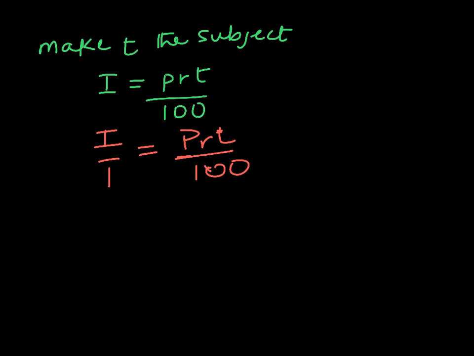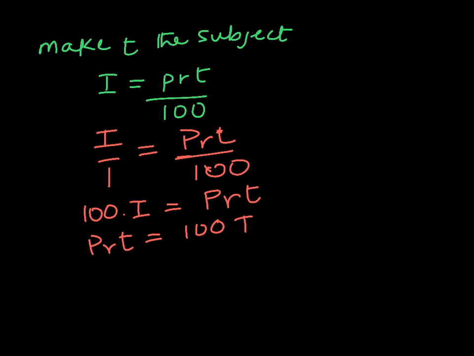Once we have them both as fractions, we want to cross multiply. So we're going to have 100 times I is equal to 1 times PRT. So if we rearrange, PRT will be equal to 100I.